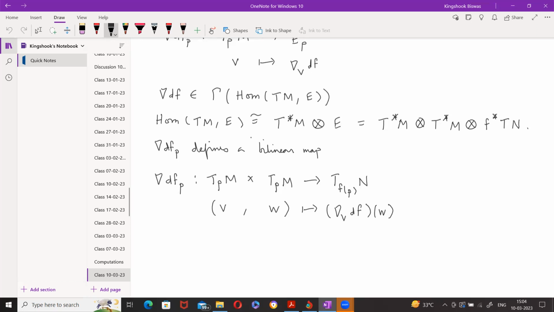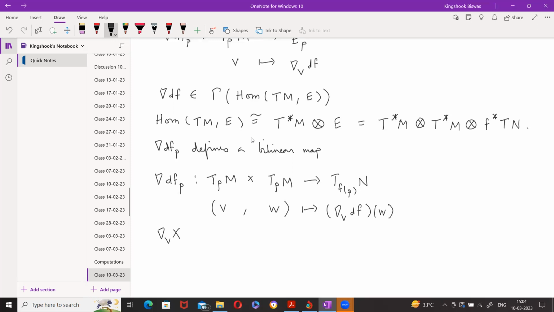I am saying that for any vector V in the tangent space of M, we have nabla V of X. What is X? X is any smooth vector field on M. Then nabla V of X is just dX_P of V transpose, right?